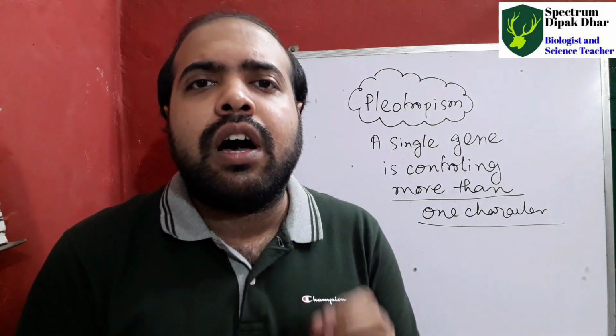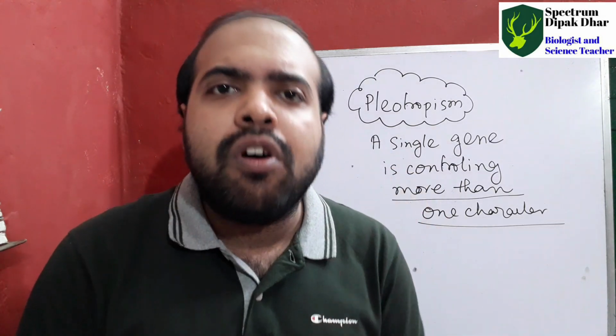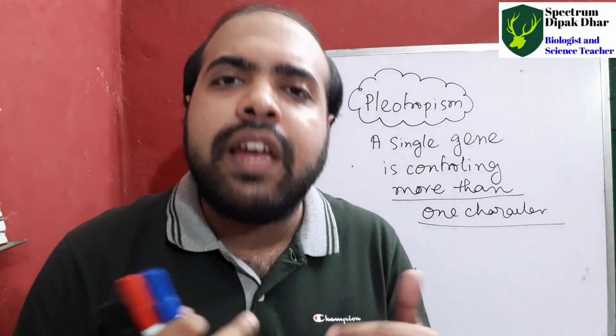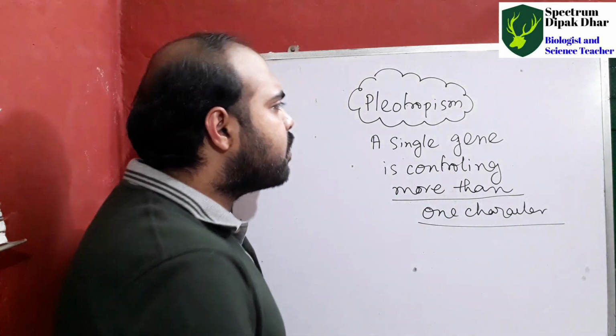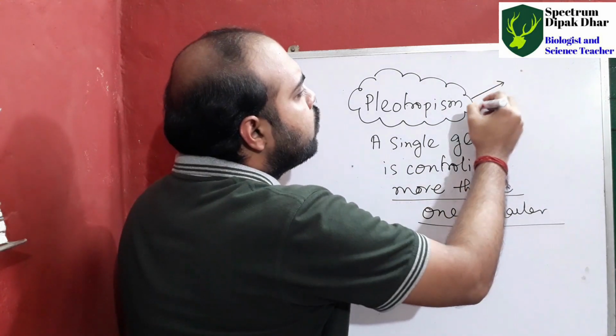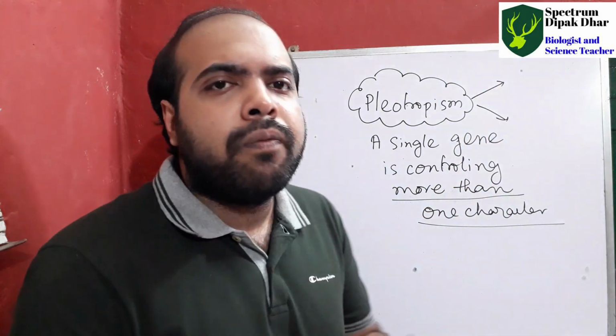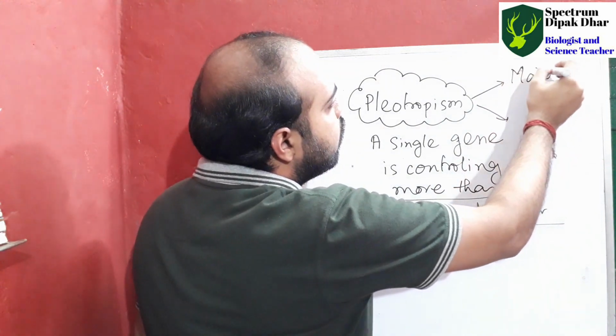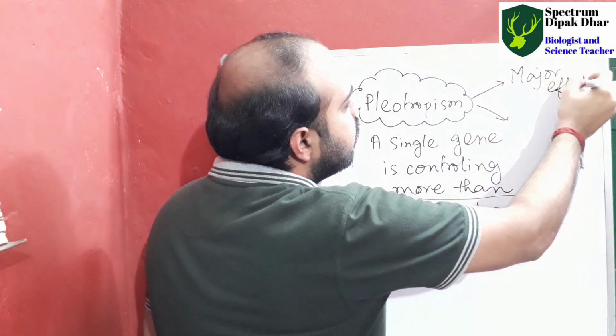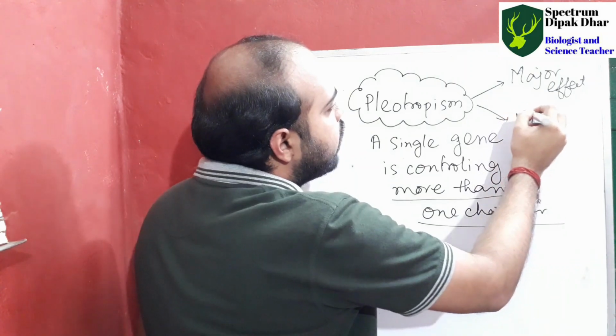It will control one character as the major effect, and it will have a secondary effect on other characters. So pleiotropic expression can have two types of phenotype: one is the major effect, and the second one is the minor effect.